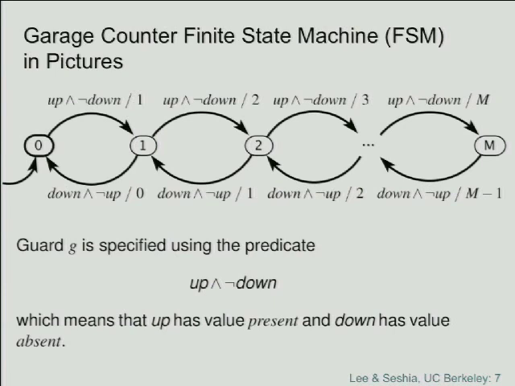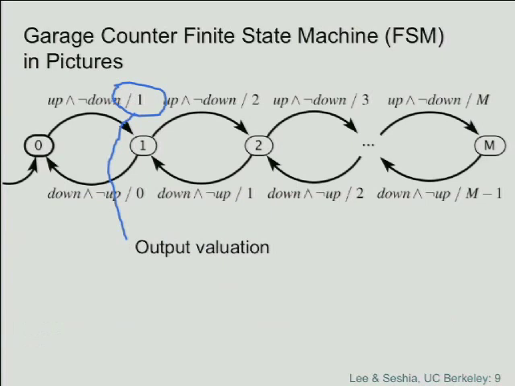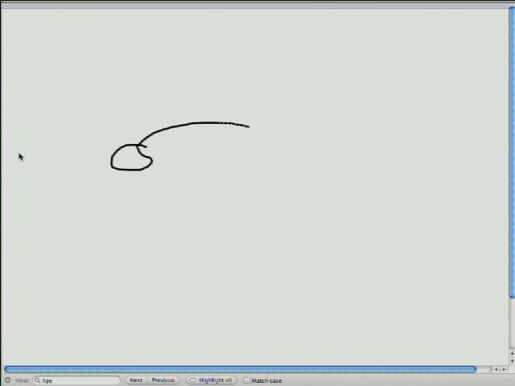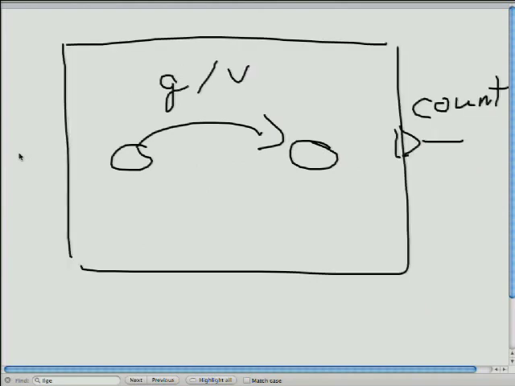Now, okay, so that's the guard, initial state, output valuation. Notice that here in the transition, when I give a transition from one state to another, I give a guard and an output valuation. If my state machine has only a single output, like this one does, it only produces this output count, then I don't really need to name that output. But you could have a state machine that produces more than one output.